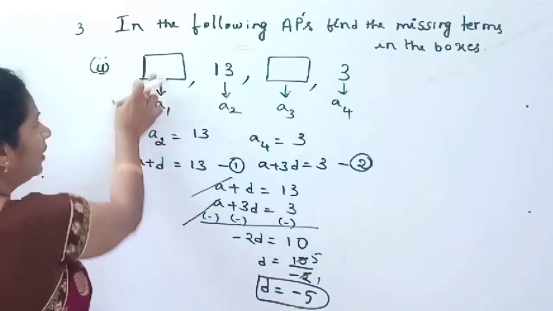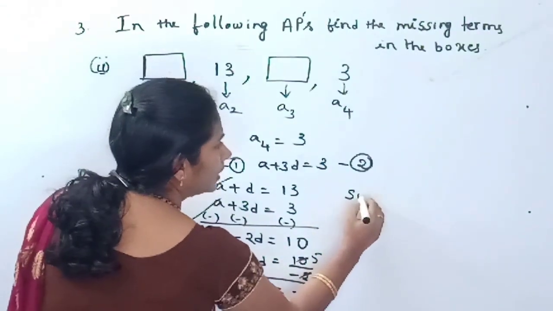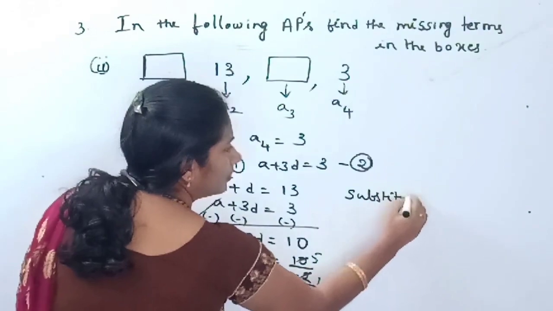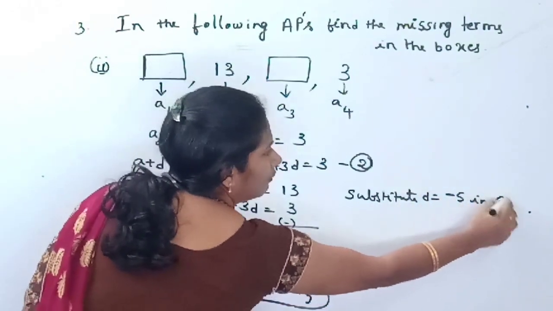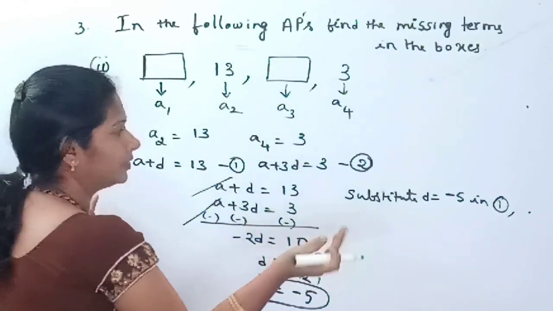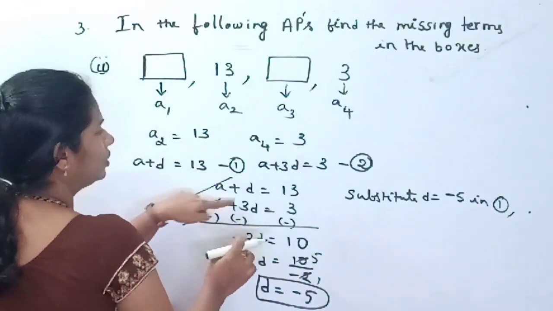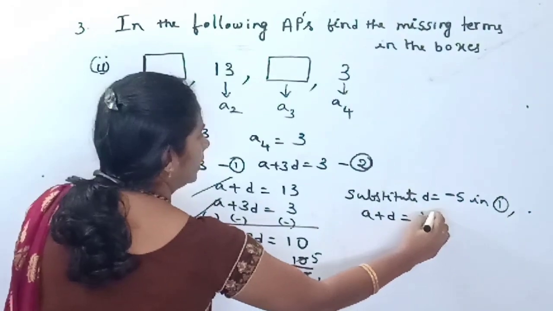Now we have to find out the first term. So what will I do? Substitute D equal to minus 5 in equation 1. You can substitute in equation 1 or equation 2, children, no problem. Let me substitute in equation 1. So A plus D equal to 13.